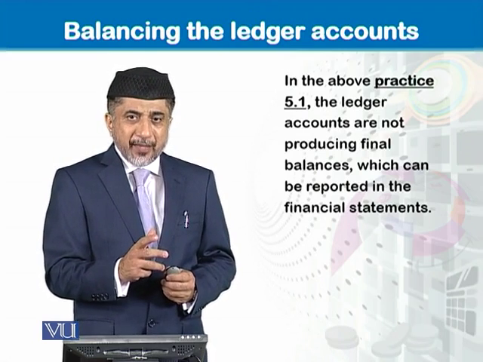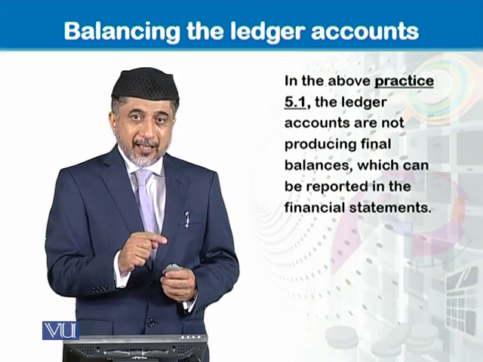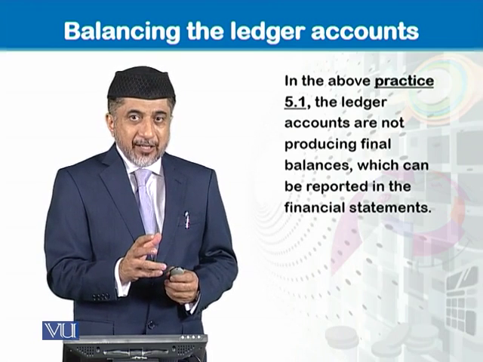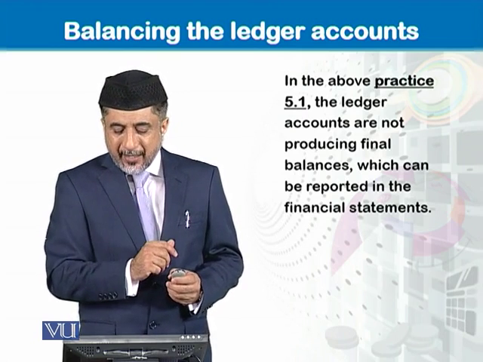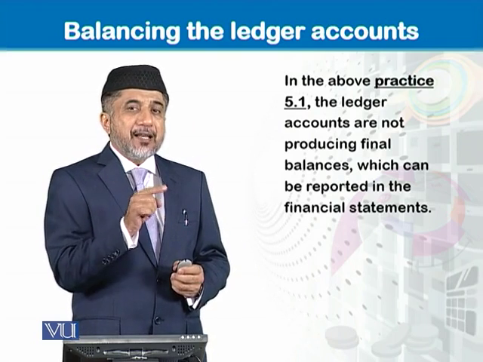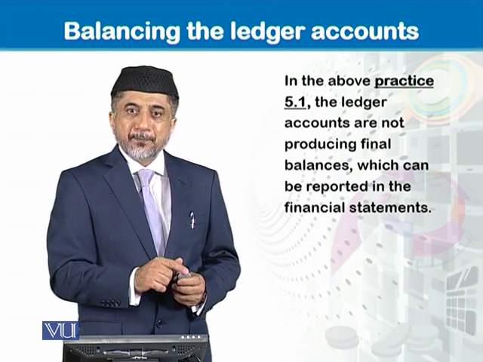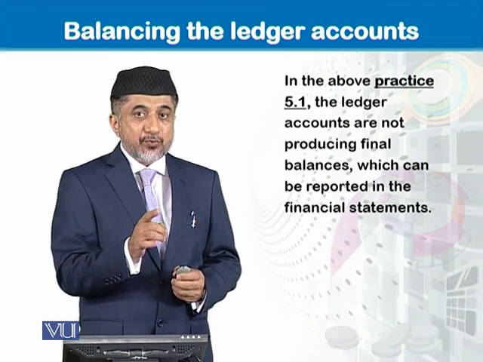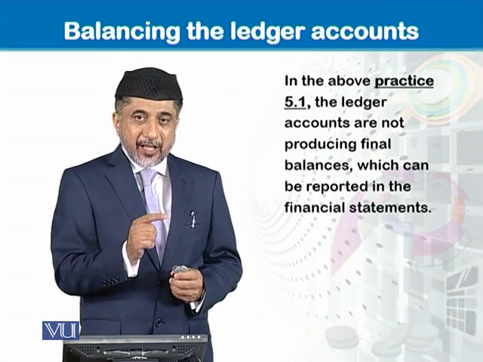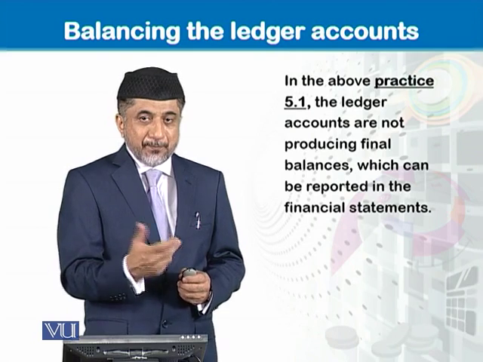So what do we do? We will take the same practice question through which we learned the posting process. In that, we will see what the final balances of each ledger account are. So we will extract the final balances from each ledger account that we have already prepared in our previous module.